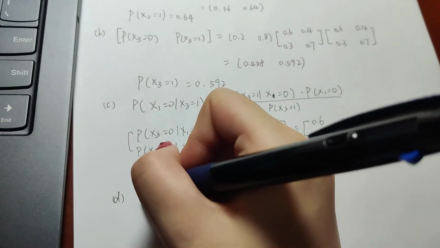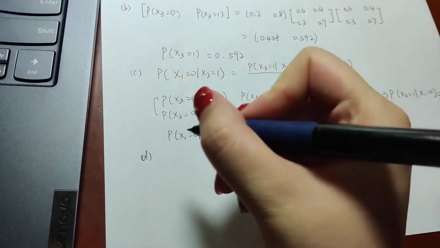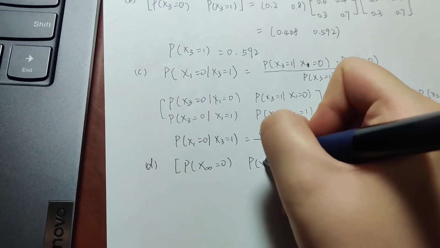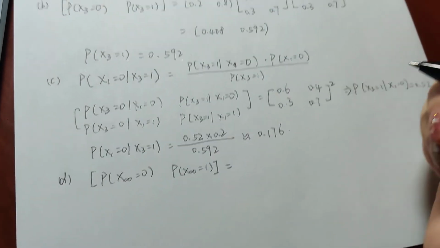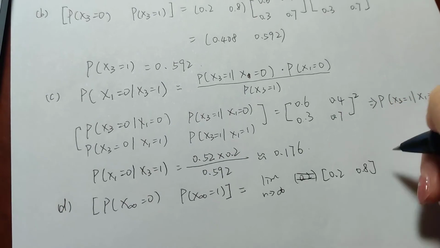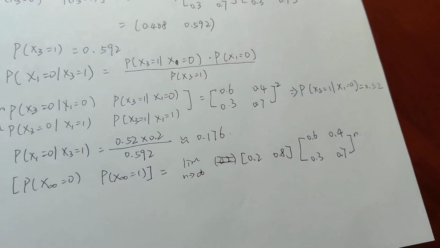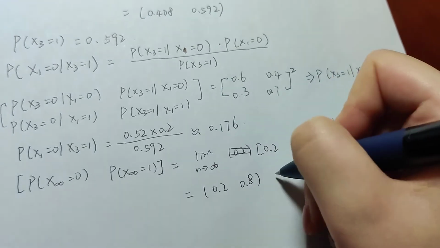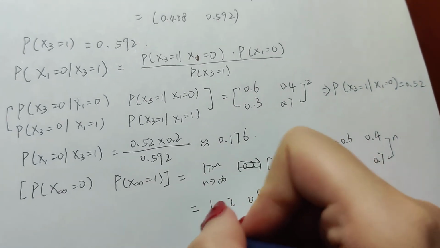We can know that, like in question 3, this matrix equals this matrix to the n, and this equals these two matrices multiplied.